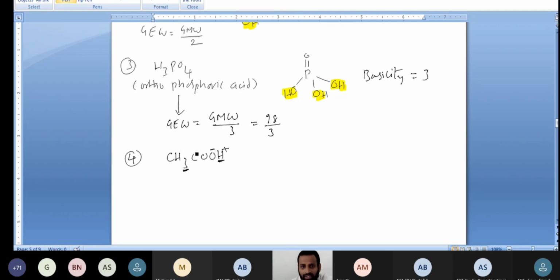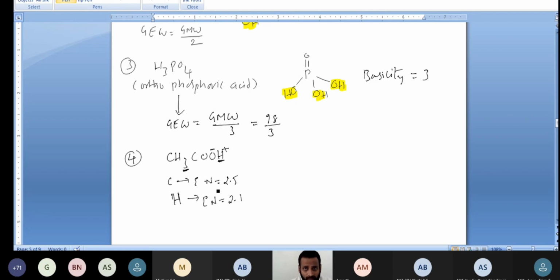These 3 hydrogens cannot come out as H plus because carbon electronegativity is 2.5 and hydrogen electronegativity is 2.1. So the electronegativity difference is 0.4, less than 0.6. So the bond is non-polar, so you cannot remove H plus. Even though 4 hydrogens are there in CH3COOH, the basicity cannot be 4.